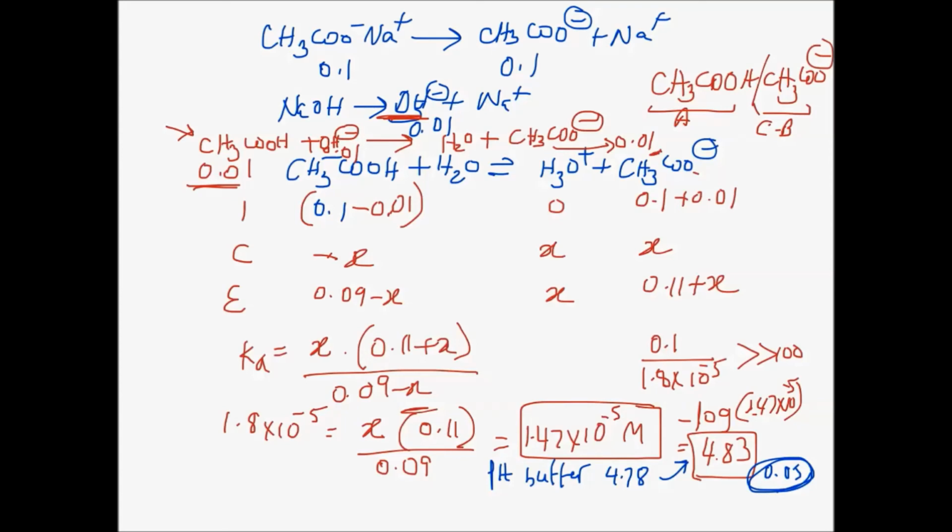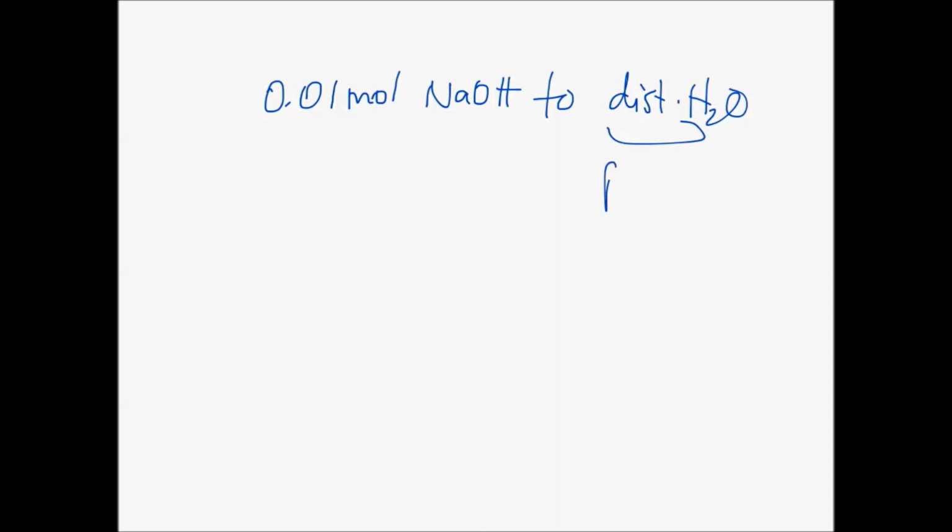Compare this to a situation. What would have happened if you had added 0.01 moles of sodium hydroxide to distilled water? The pH of neutral water is 7. If you had added 0.01 moles of NaOH, and we'll keep it 1 liter, the concentration would have been 0.01 molar.